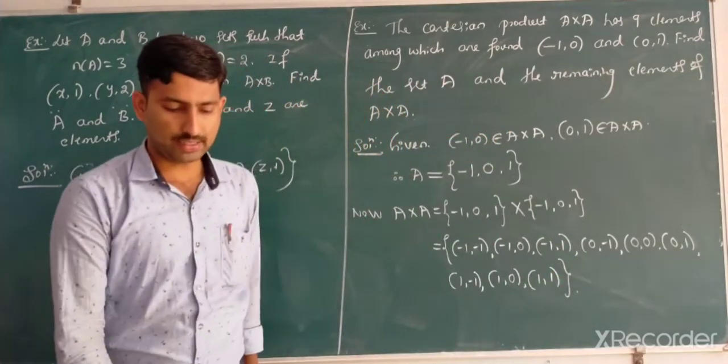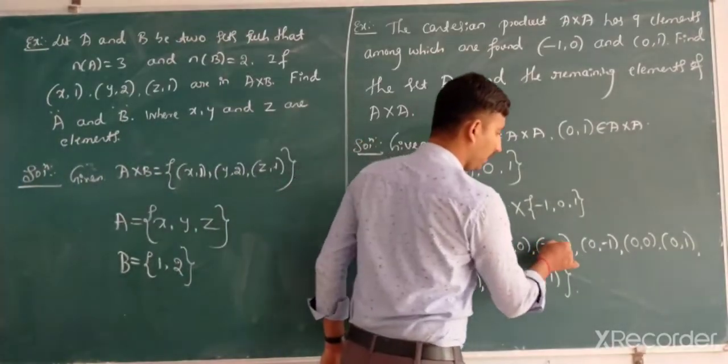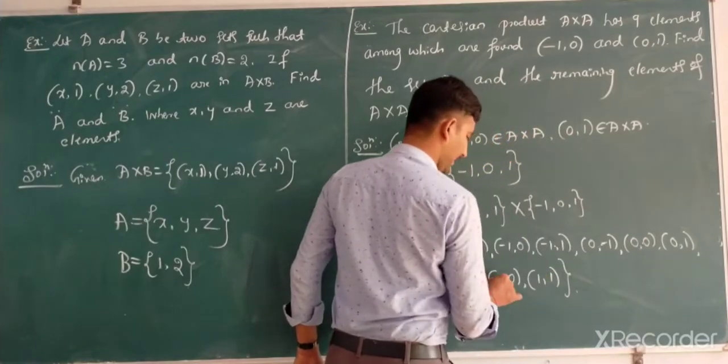Correct? How many elements are they given? A cross A has 9 elements. Therefore, 1, 2, 3, 4, 5, 6, 7, 8, 9.